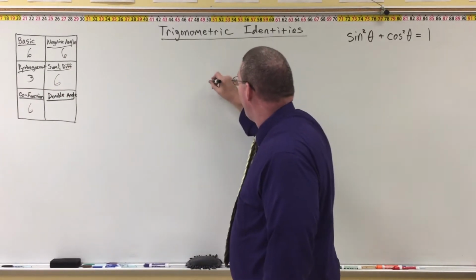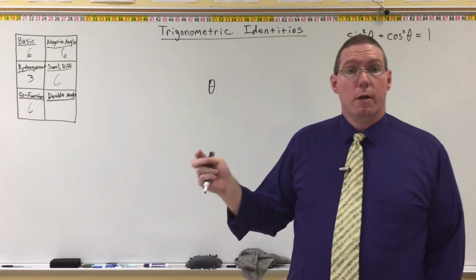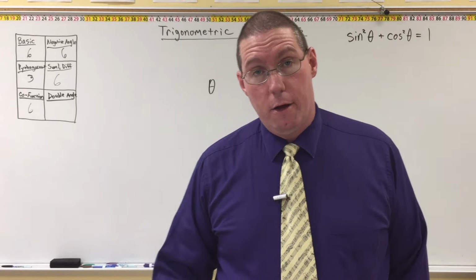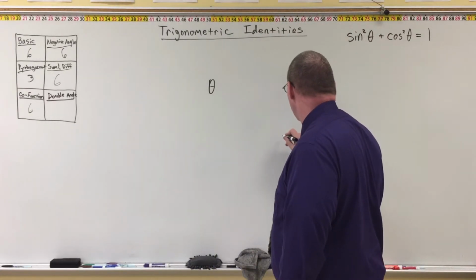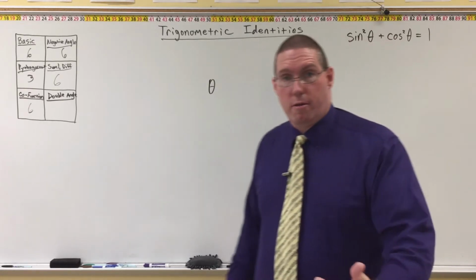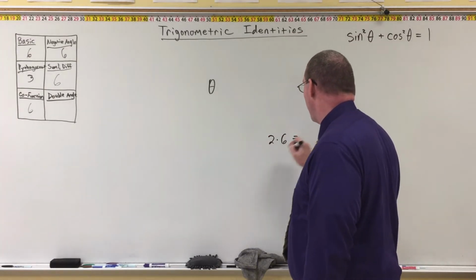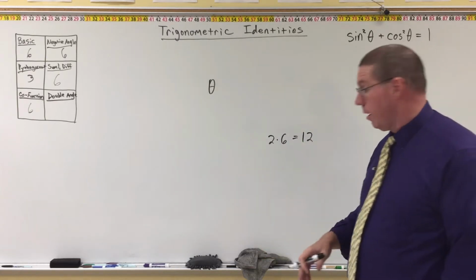Well, we know that theta is the angle measure, right? It's typically referred to as the angle we're dealing with, angle theta. As an aside, let's say we're dealing with the number 6. If I said that I didn't want to deal with 6, I wanted to double 6, well, doubling 6 means multiplying by 2, right? So 2 times 6 is 12, and 12 is double 6.